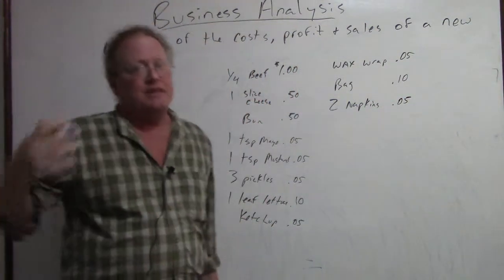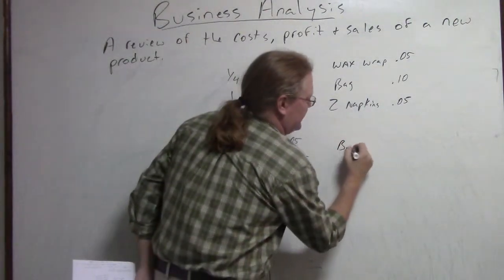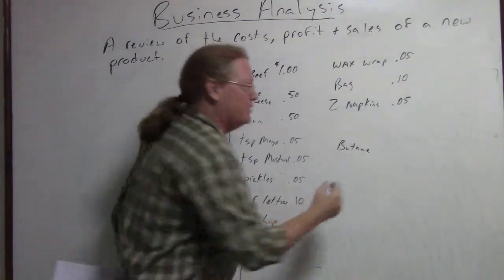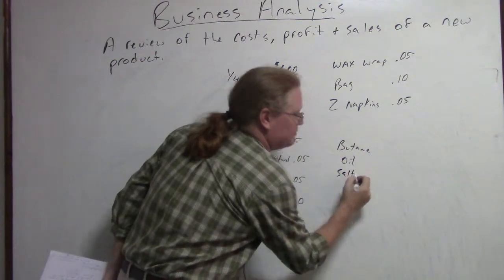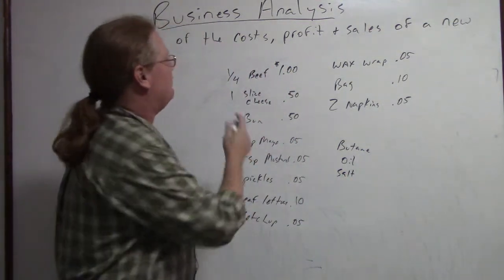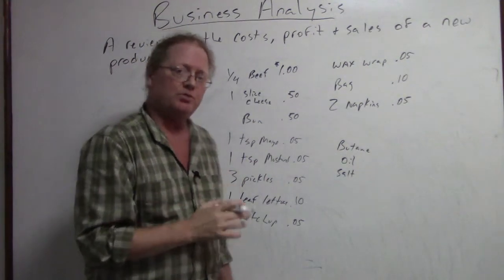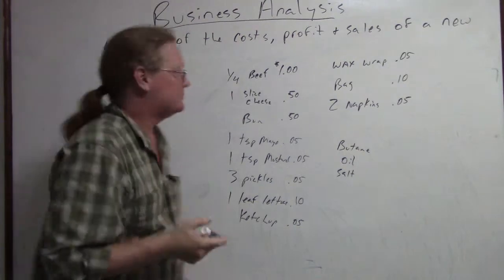And then I could take this further and further and further with the butane. You might start the beef patty with a little bit of oil, and you're going to add maybe some salt to it. So if you look at all of the factors, all the things that go into the cost of a burger, then you will be ready to set a price.